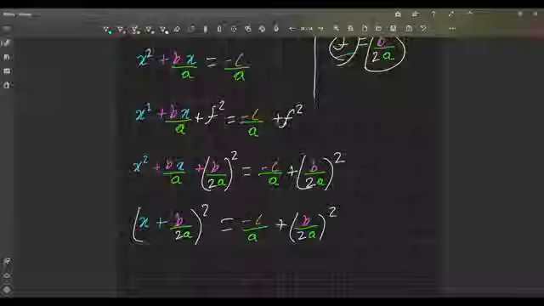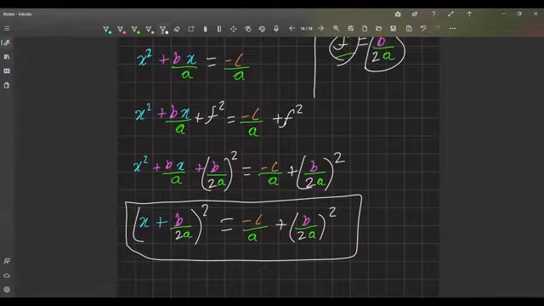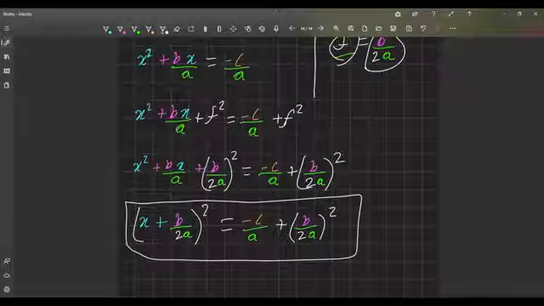Now this is the general form for completing the square, and we can just put in the values of a, b and c in this equation to get the completed square form.